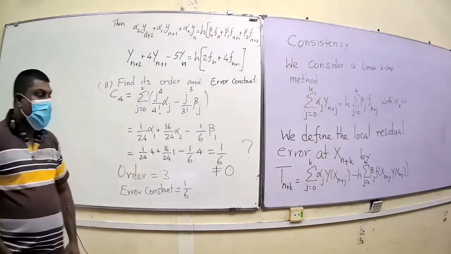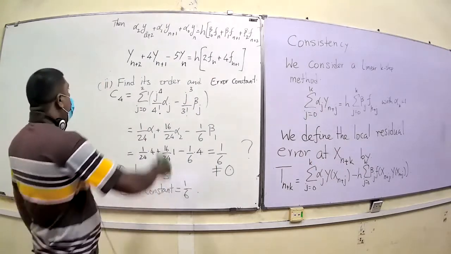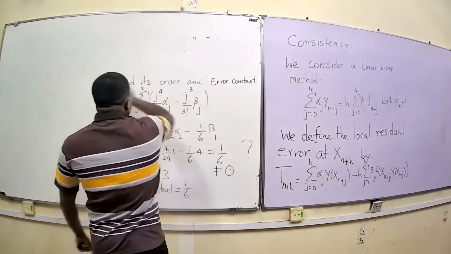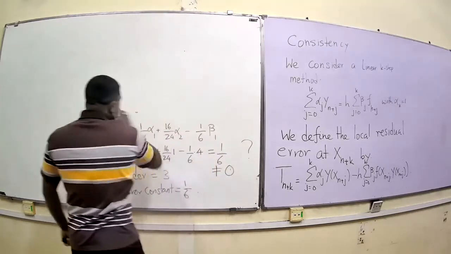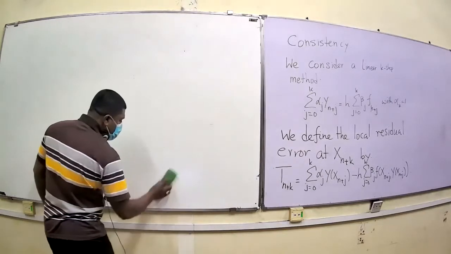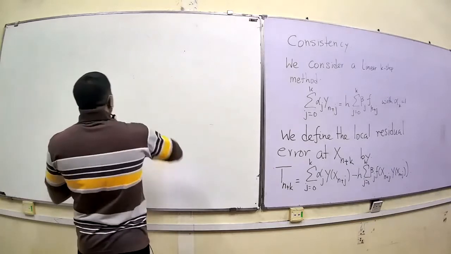So we will define this as the local residual error. We already gave a notation for that earlier. Okay, so you can notice that.